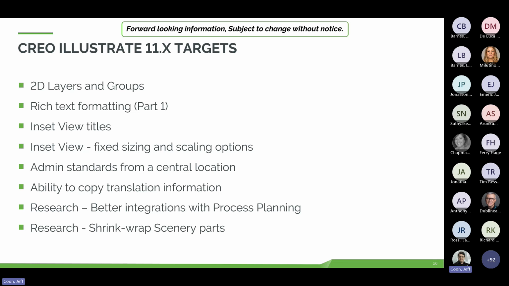If you would like to have a discussion on your hopes and dreams of a better integration of Creo Illustrate with Windchill, reach out to your Arbortext team and we can set up some time to discuss those particular topics.